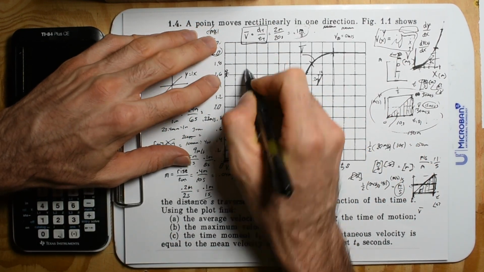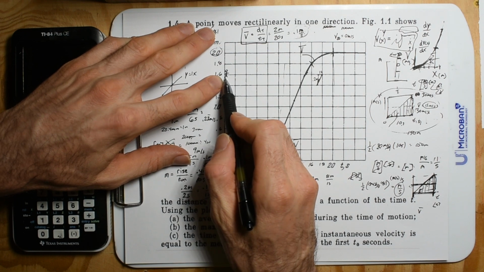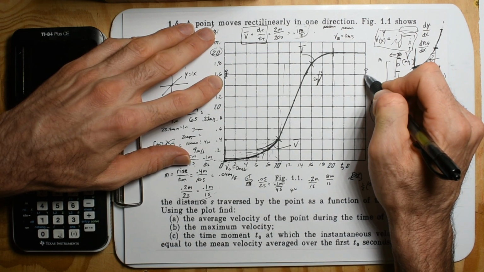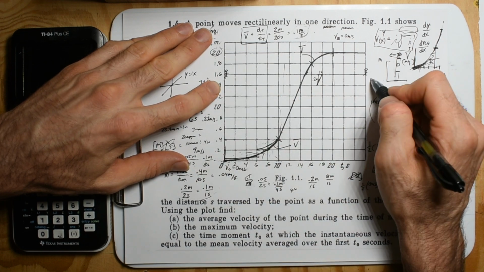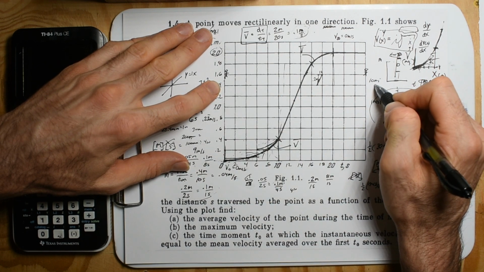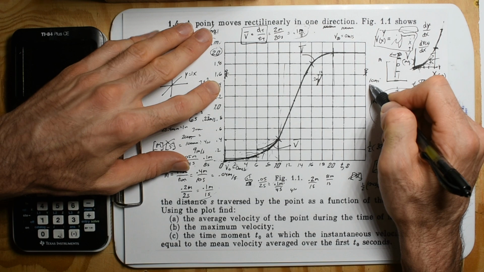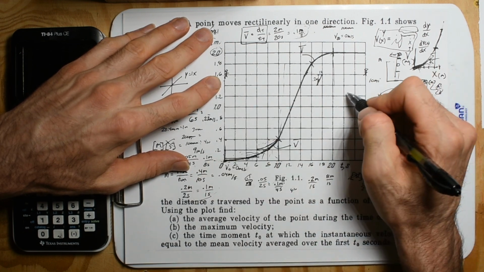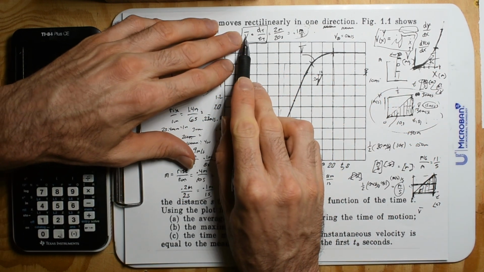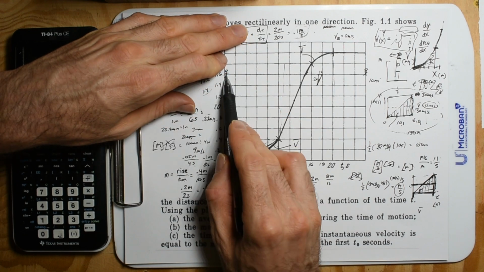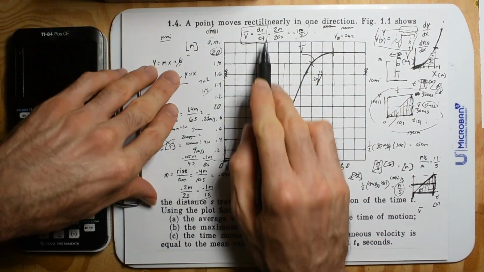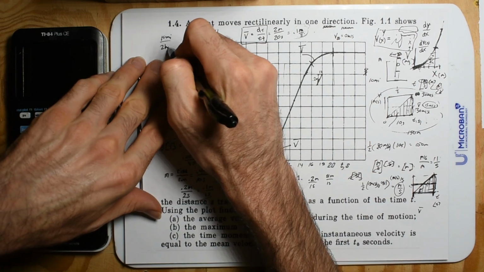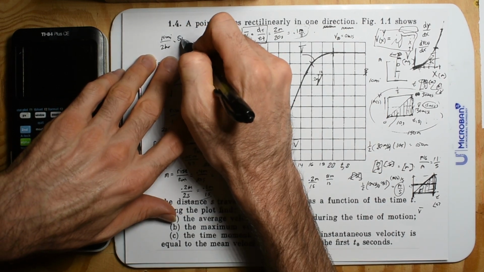If I see someone at the grocery store, and then 2 hours later I see them at the bar, and I know that between the grocery store and the bar is 10 miles, what's the average speed? We use that equation: the average speed is the total distance, that's 10 miles, divided by the total time, that was 2 hours. It's kind of a bizarre one, but hell yeah. So we have 5 miles per hour.